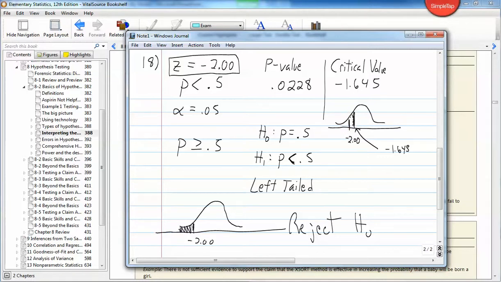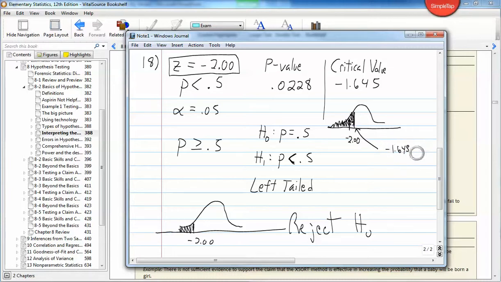Okay? The critical region is from the critical value to the left. And the test statistic, negative 2.00, would be inside the critical region.